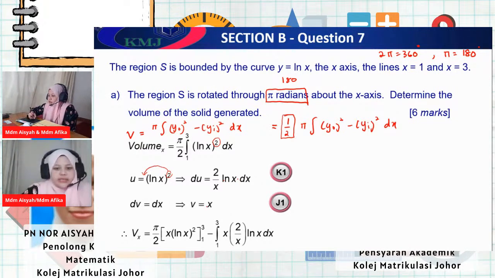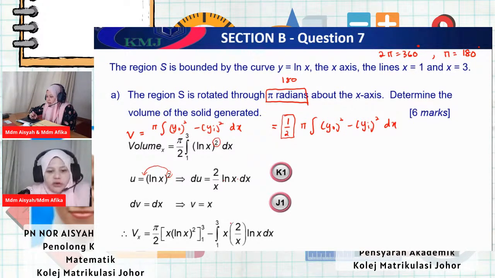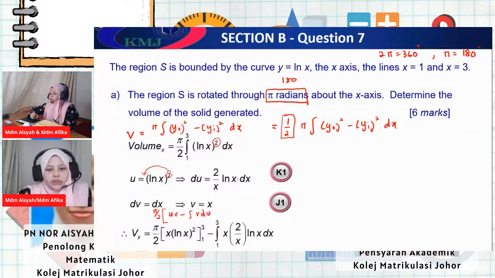Then we just substitute into the formula of by parts. Remember you have pi over 2 here, and then uv minus integrate v du. The pi over 2 comes from the earlier formula. So uv is x (ln x) squared minus integrate v du.